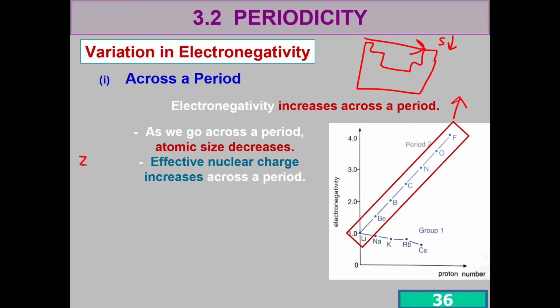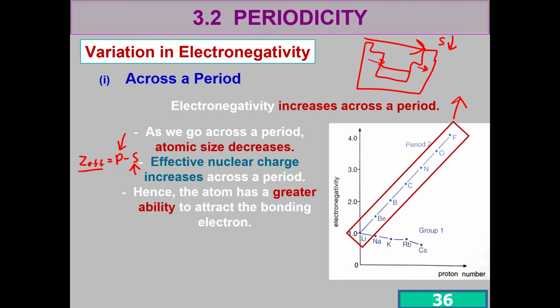So effective nuclear charge is equivalent to proton number minus inner electrons. So across the period, the proton number increase kan, tapi the number of inner electrons stay the same, kecuali transition metals, transition elements. Ini je a special case. But any other atoms yang dekat lain ni, semua proton number increase, tapi the inner electrons stay the same. That's why effective nuclear charge dia increase.